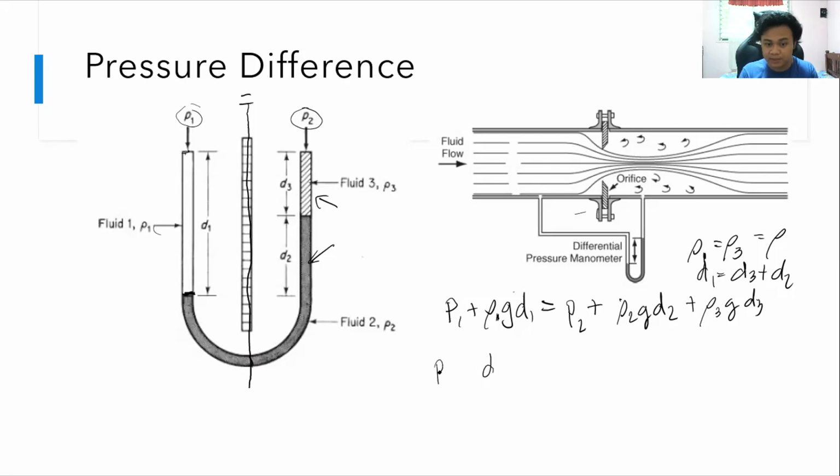So P1 plus rho G (D3 plus D2), and then P2 plus rho 2 G D2 plus rho G D3.